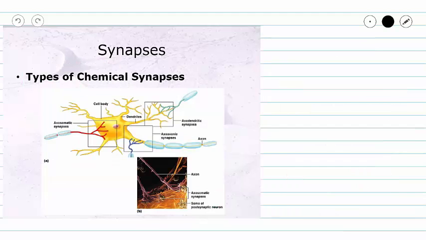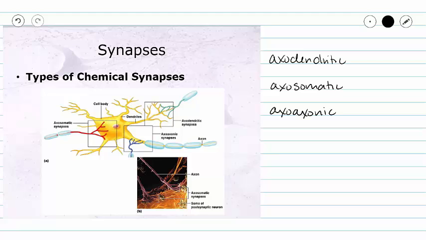These chemical synapses can appear in many different places, and our presynaptic neuron can synapse with a dendrite, a soma, or an axon to form an axodendritic, an axosomatic, or an axoaxonic synapse. So this tells us where our synapse is occurring.